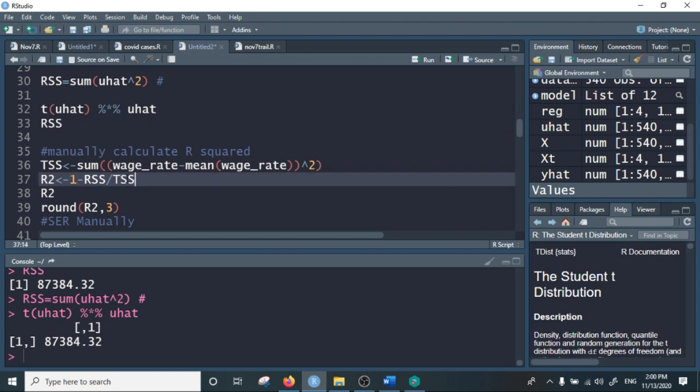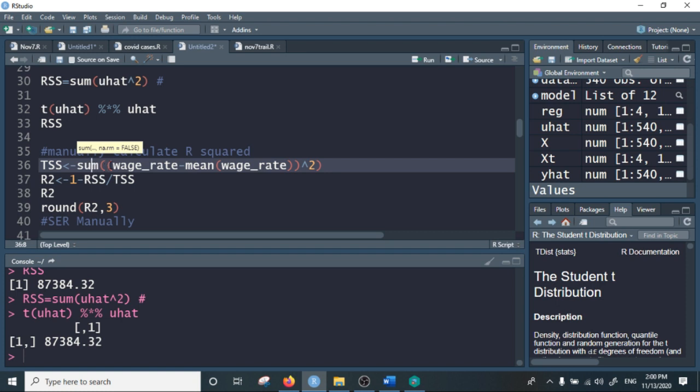We can now define the total variation or the total sum of square by simply using the formula summation y minus y bar square. So summation is denoted by sum function in R, and y is y's rate and y bar is the mean value of y, in our case the mean value of y's rate. So the mean function in R calculates the mean value.